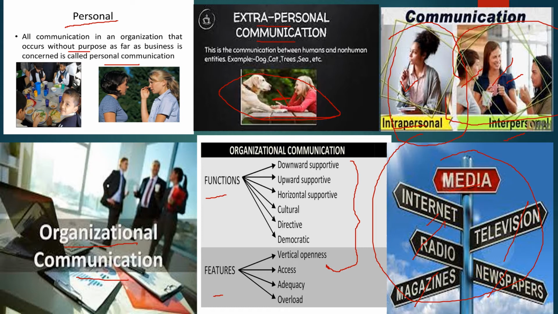Internal is inside the organization and external is outside the organization, and personal communication is all communication in an organization that occurs without a purpose as far as the business is concerned. These are the 3 types of organizational communication.